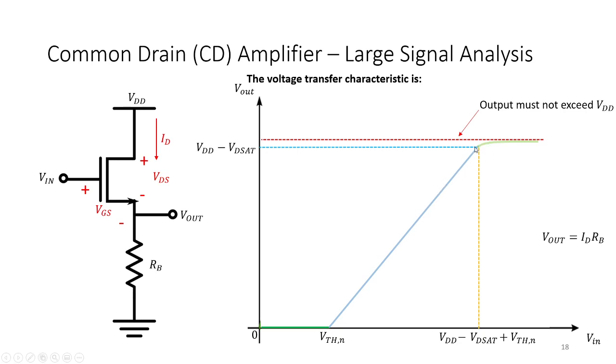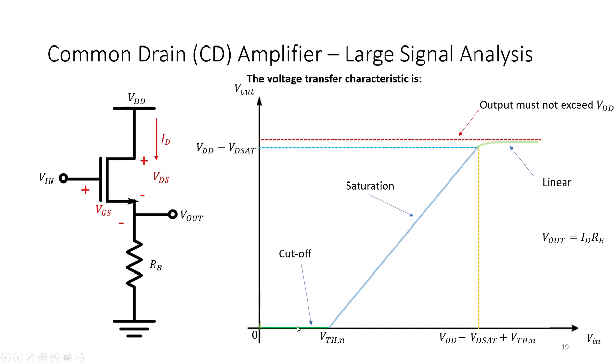Then we reach the linear stage of the amplifier at VDD minus VDSAT. How did we get this? If we substitute VDD minus VDSAT here and find the voltage across here, we will get VDSAT, right? So that's why it is here. Then it goes to the linear region. And remember, the output cannot exceed VDD here. That's why it looks like this.